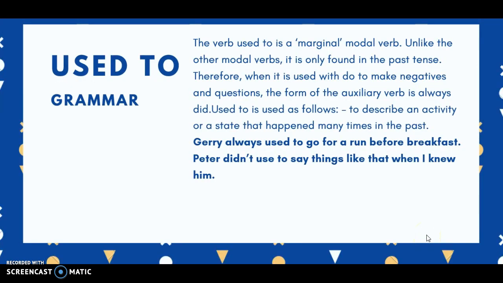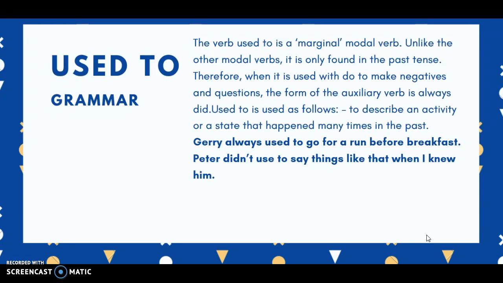Used to grammar is an explanation. The verb used to is a marginal modal verb. Unlike the other modal verbs, it is only found in the past tense. Therefore, when it is used with to make negatives and questions, the form of the auxiliary verb is always did.